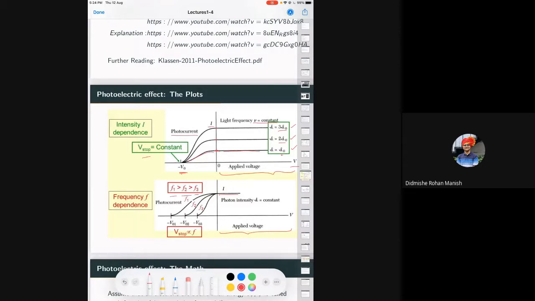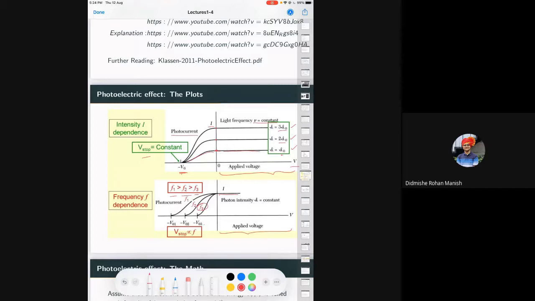Then you are making the detector negative, so it is not allowing all the electrons to reach. Okay. But then what happens? Then when you have the light of the lowest frequency, which is F3, then the stopping potential, or the voltage required to prevent any electron from reaching the detector, is the lowest.